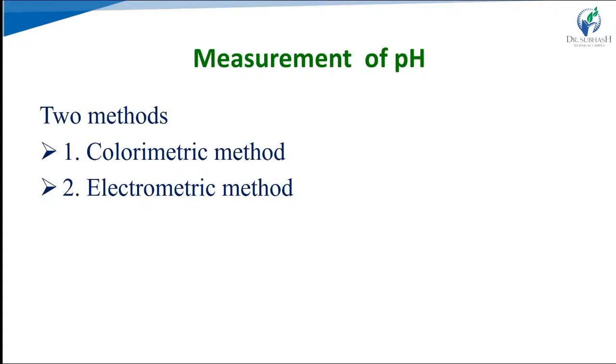Next, the measurement of pH, or the methods used to determine pH values. pH values are measured by the following methods: colorimetric methods, electrometric methods, and simply pH paper.